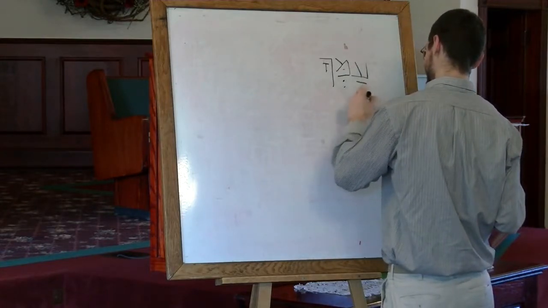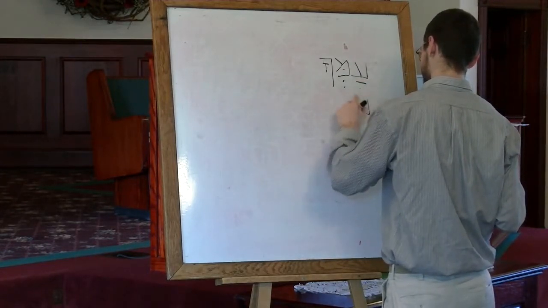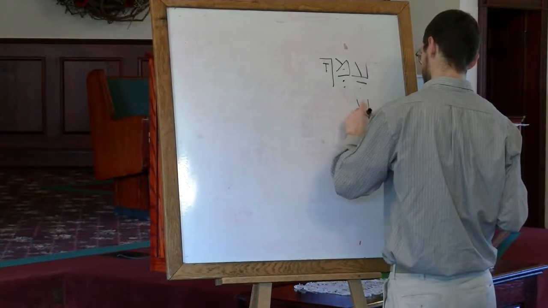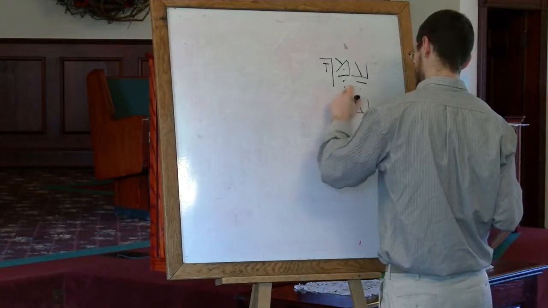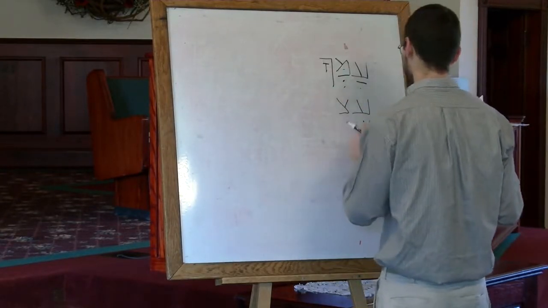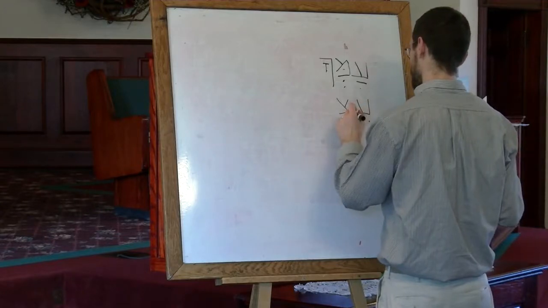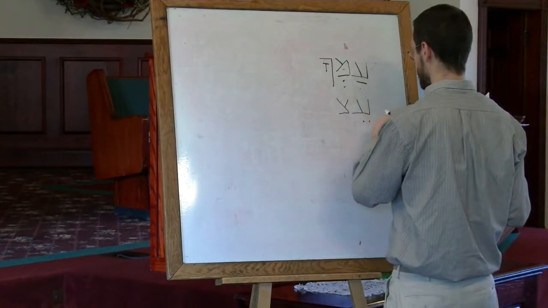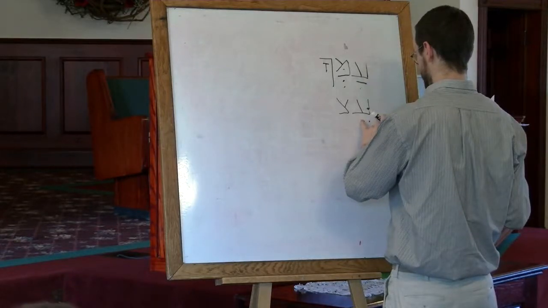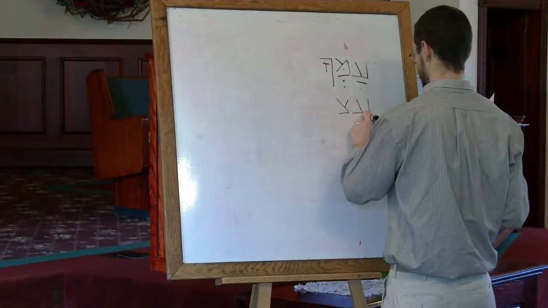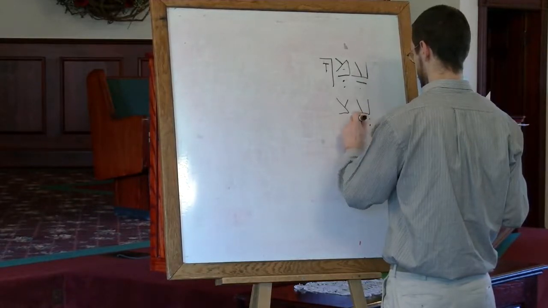Eitzecha is how you spell it normally, right? Yep. Okay. Well, they have the final form of the letter, but that's it. So this would be reduced to... Well, it's not pro-pretonic.